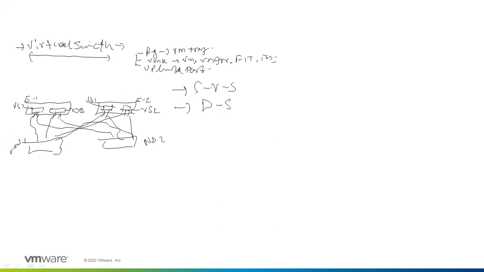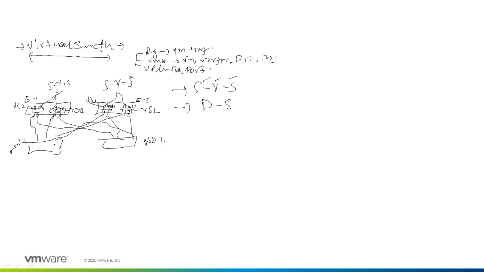When we talk about the standard virtual switch, we have to individually create the required standard virtual switch on each of the ESXi hosts, and we also have to do a similar configuration. For example, I need to create a number of virtual machine port groups, and in the same way I have to create the same thing on another host as well.